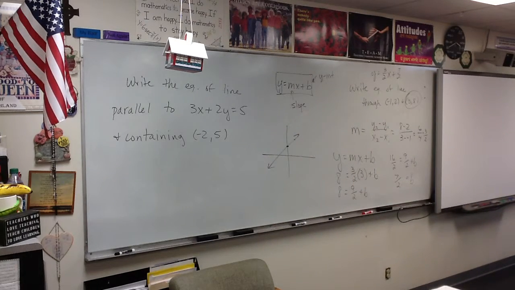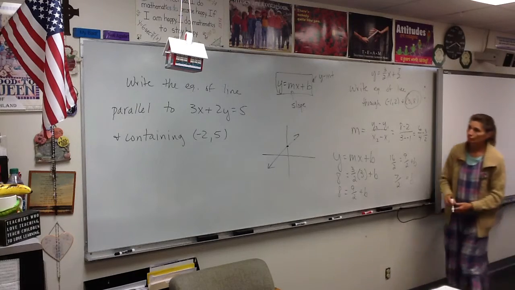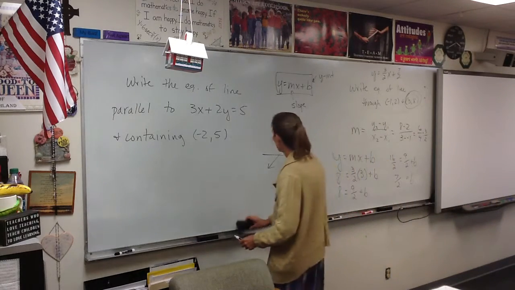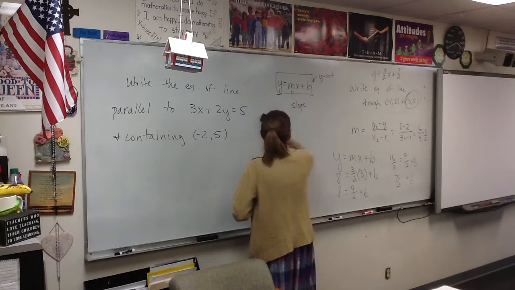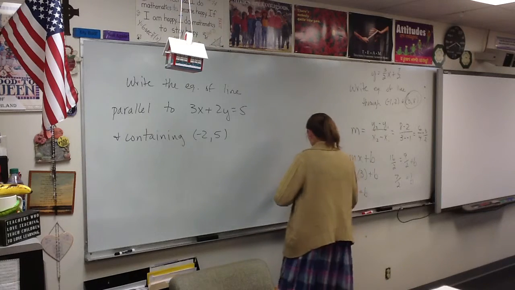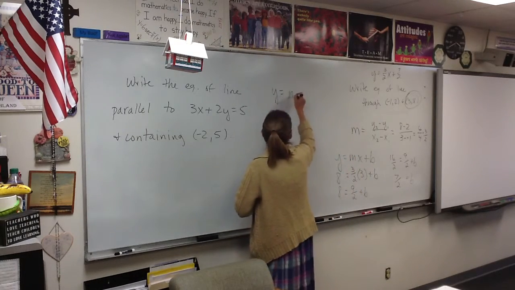What do you think about this situation? Anybody have a thought on that? Write the equation of a line parallel to something, so we're shooting for the same thing, right? We're shooting for y equals mx plus b.